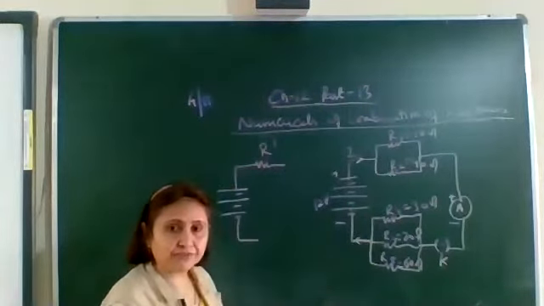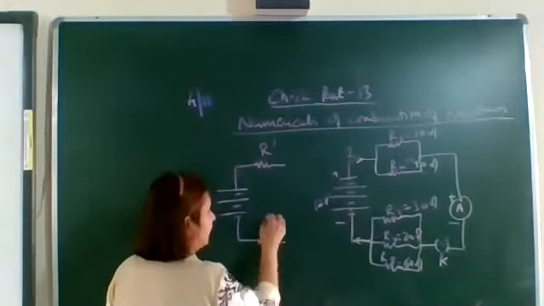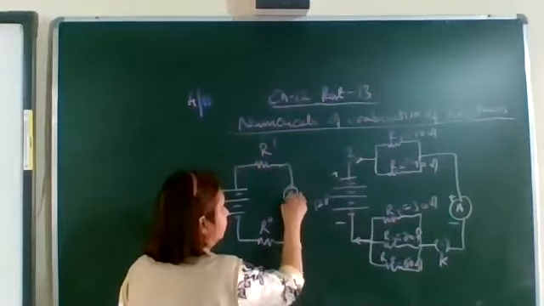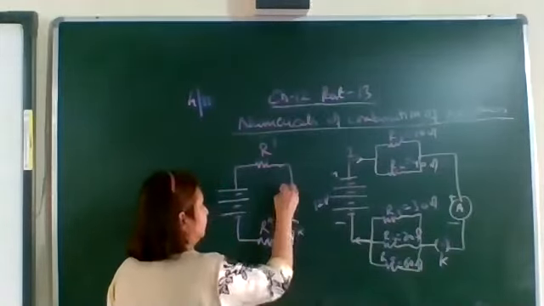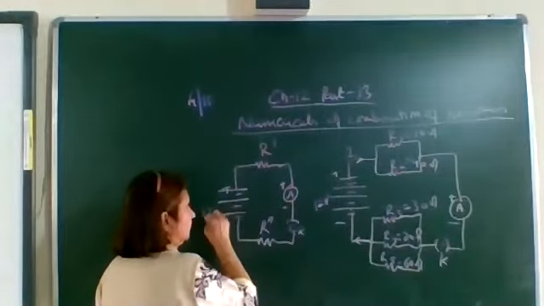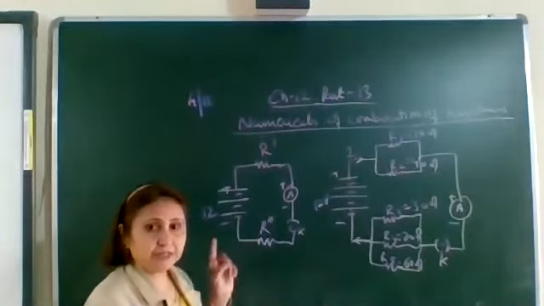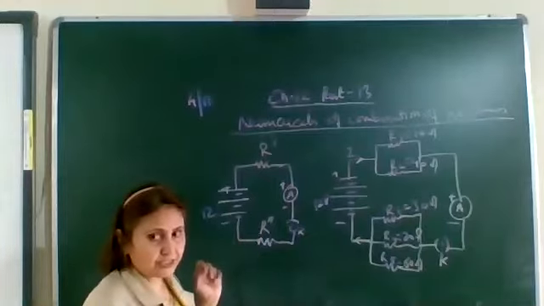Let the equivalent of these three be R double dash, which is connected to an emitter and a key. Now you can see that R dash and R double dash are in series.